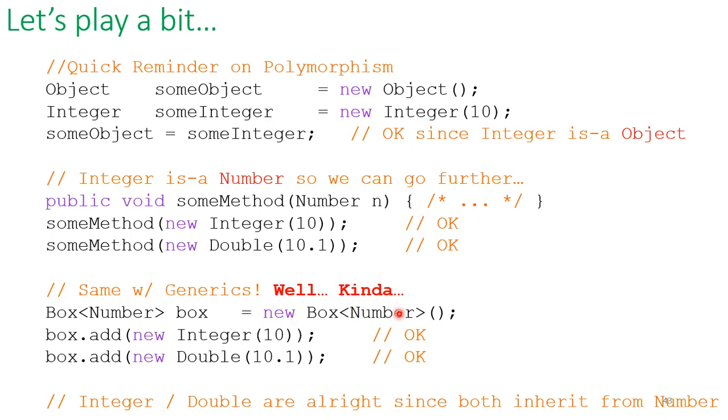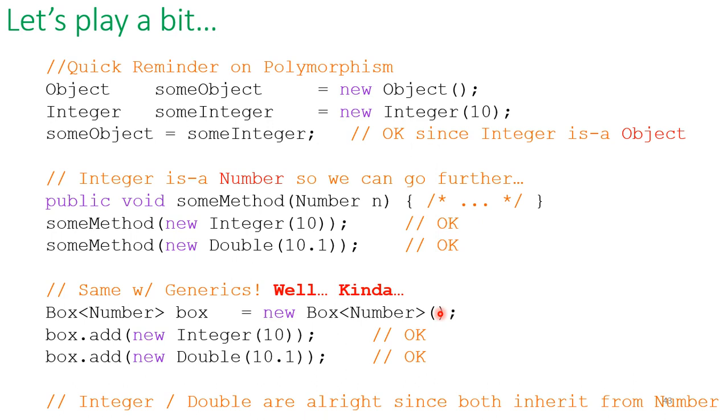So our box is supposed to be able to store a reference to an object of class Number. We pass a reference to an object of class Integer, that would work. We pass a reference to an object of class Double, that would work as well. No problem there. It is an application with generics because Box of Number is a generic type, but it's not really involving anything specific about generics and polymorphism.